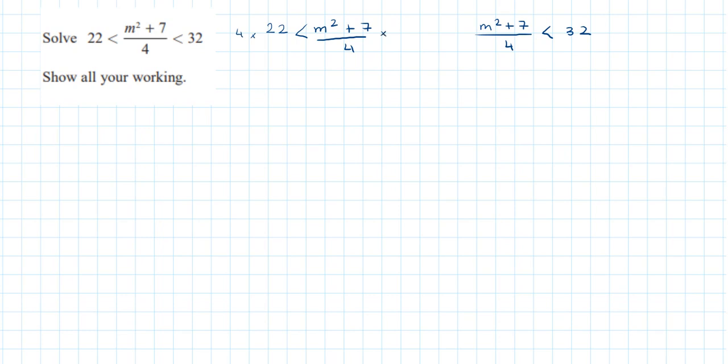So that's 88 less than m squared plus 7. And I'll subtract 7, so m squared is less than 81.